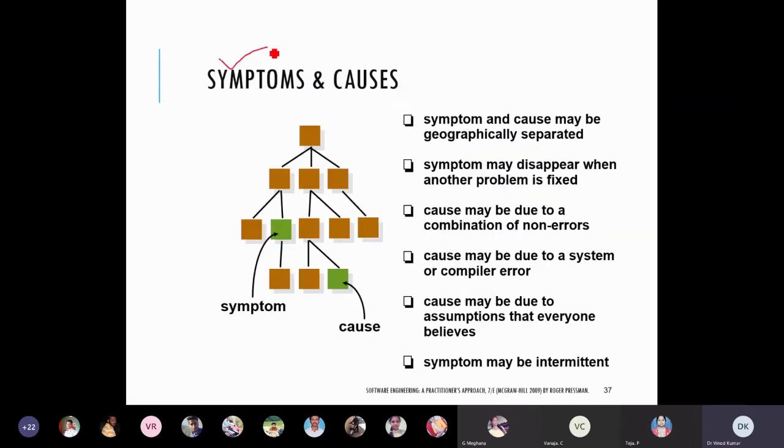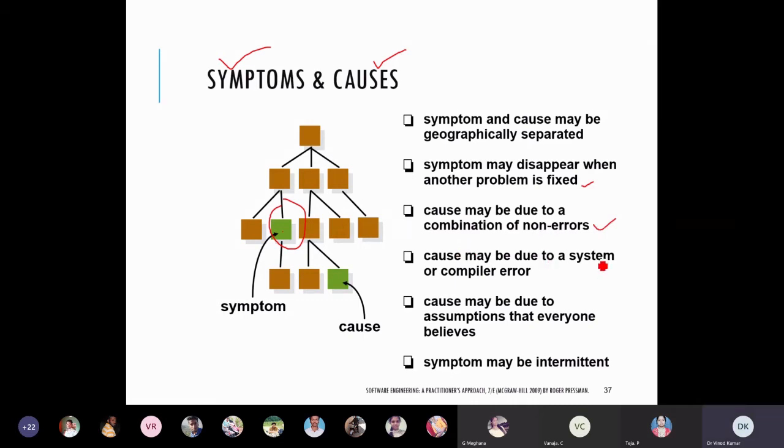So the two terms are symptoms and causes. Symptoms and cause may be geographically separated. You can see here, the cause is here and the symptom is here. They may not be in the same place. In some part of the program the symptom will appear, and the cause will be in another place. A symptom may appear when another problem is fixed, and the cause may be due to a combination of non-errors.